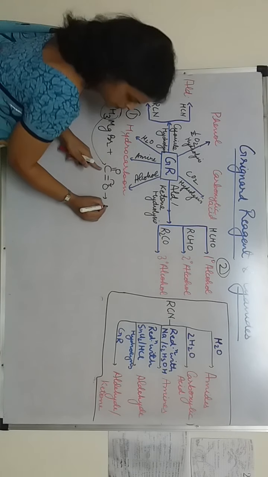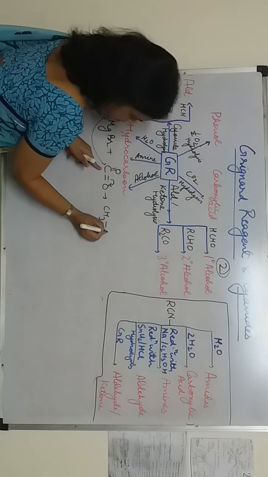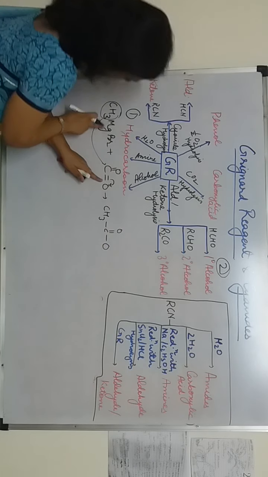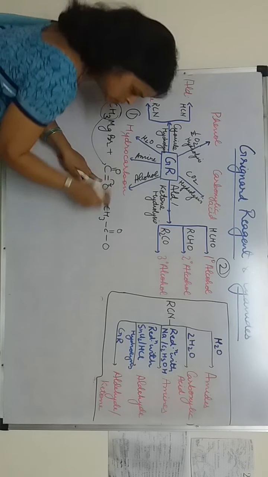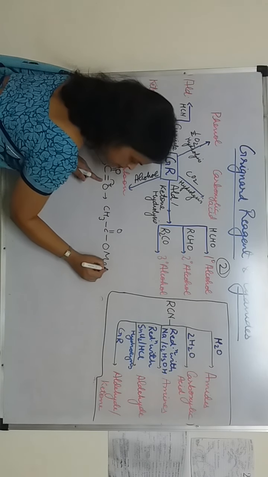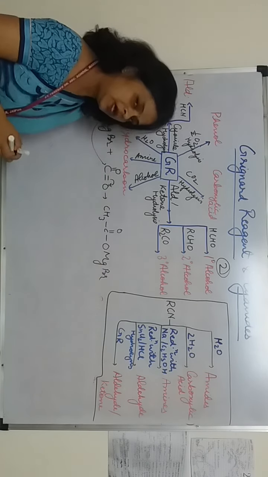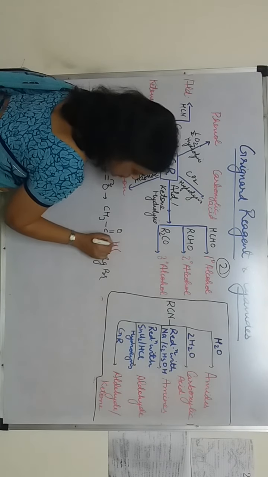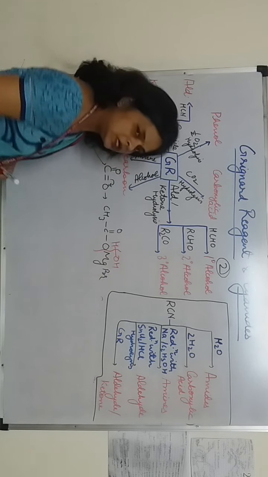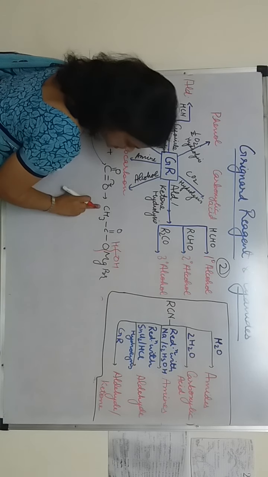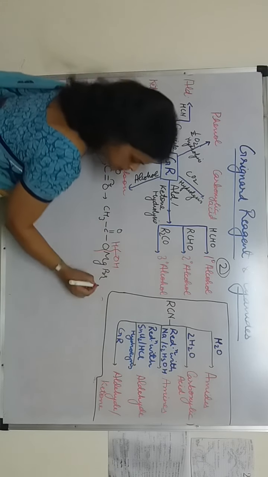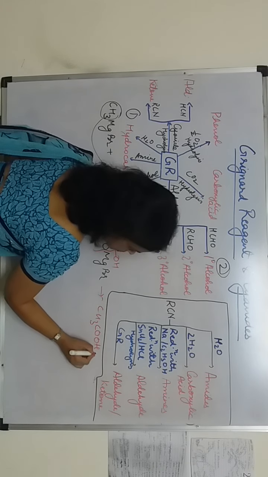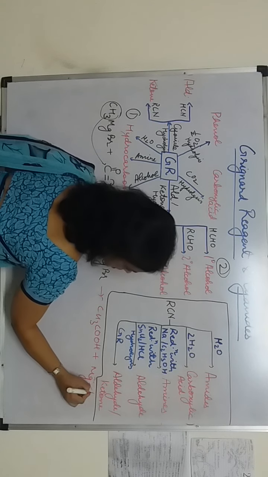CH3, C, this double bond will remain as it is, O, and the remaining part will get attached with this oxygen, O, Mg, Br. Same hydrolysis will be done, H will come this side and OH will come this side, and what you are getting is CH3COOH. So it has been used to convert into carboxylic acid along with the side product MgBrOH.